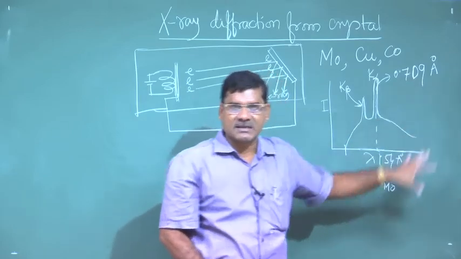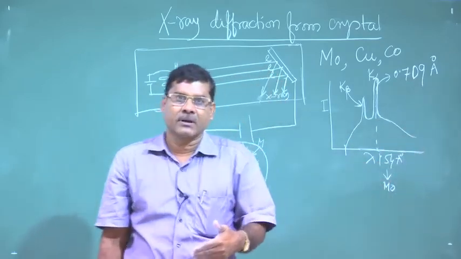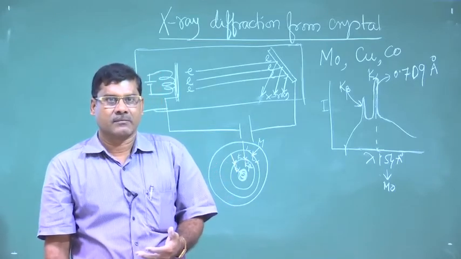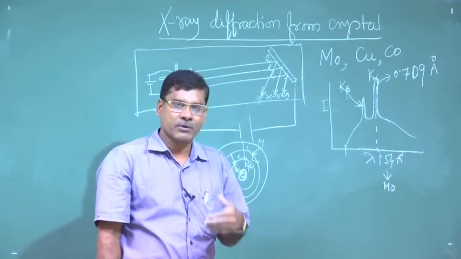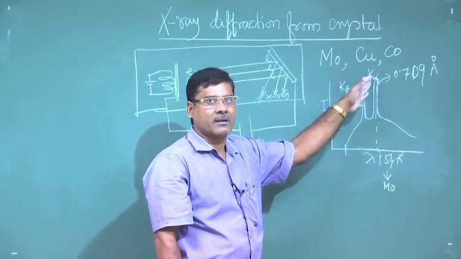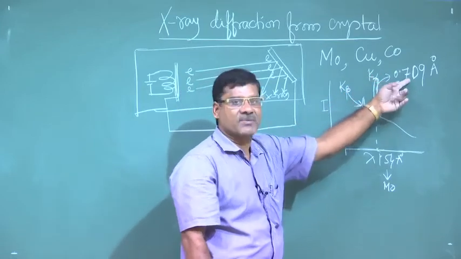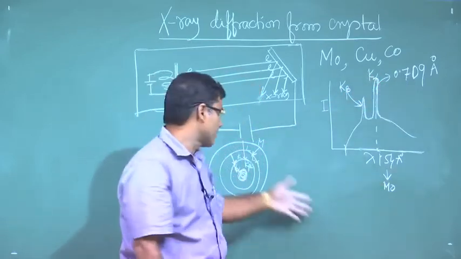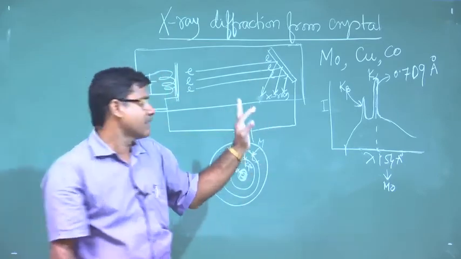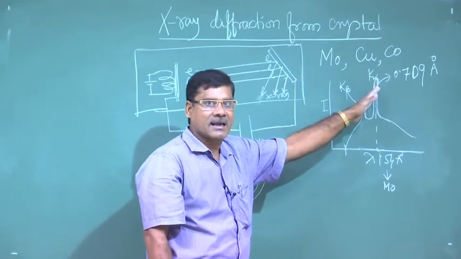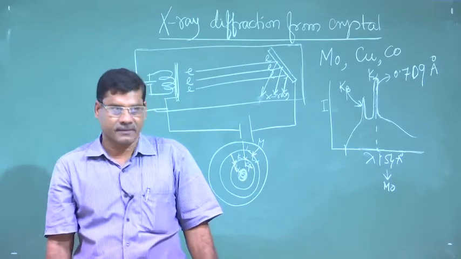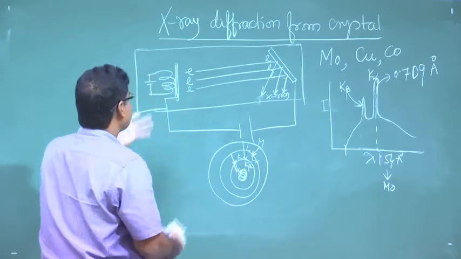Okay. So in our laboratory, whatever X-ray we use, whatever target we use, when we choose a particular wavelength from that target, we choose copper K alpha. That wavelength is fixed, nobody can change it, it does not depend on anything. It is the characteristic X-ray and it is fixed for that particular target. Okay. So this way X-rays are generated.